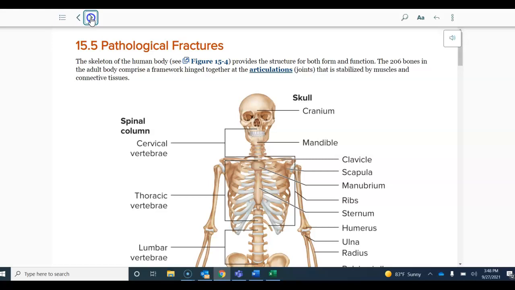Then it's got excludes 1, excludes 2, and then after that it says the appropriate 7th character is to be added to each code from subcategory M84.3. Okay, so if you have M84.3, you have to have 7 characters, and the 7th character has to be either A, D, G, K, P, or S. Okay, so they're only going to put that in the ICD-10 book once. So you have to remember to go back and code that.